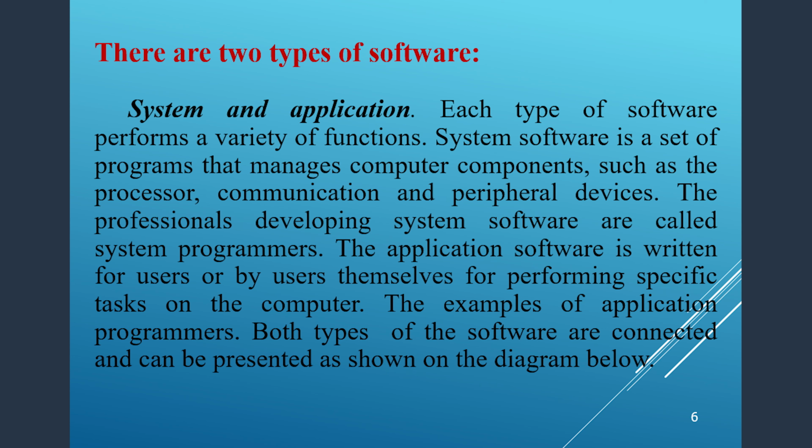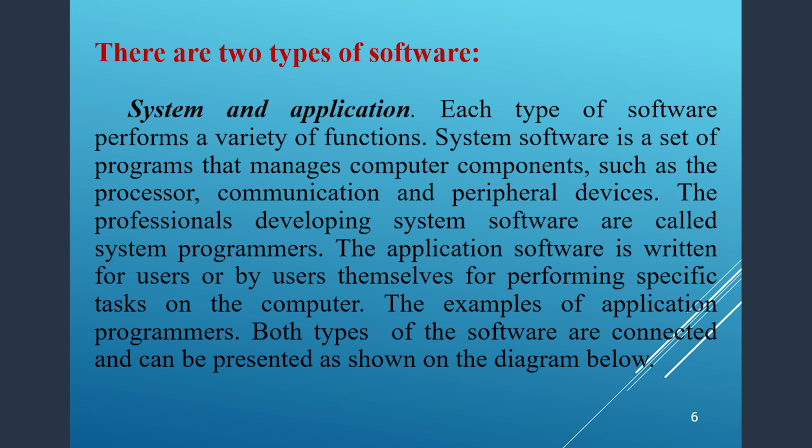Let's talk about types of software. There are two types of software: system and application. Each type of software performs a variety of functions. System software is a set of programs that manage computer components, such as the processor, communication, and the devices.